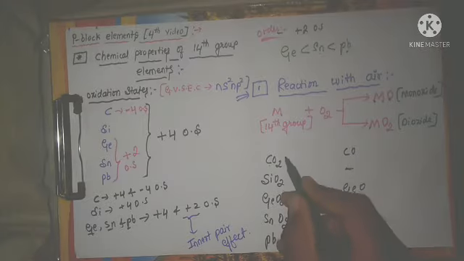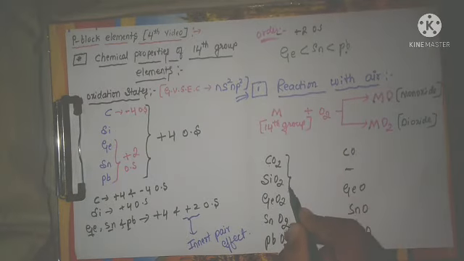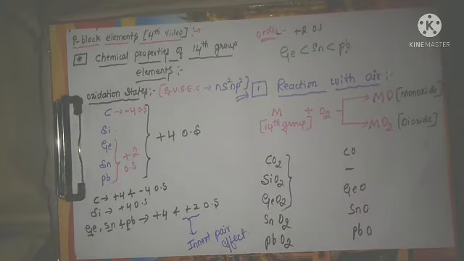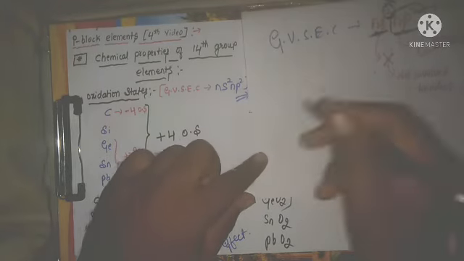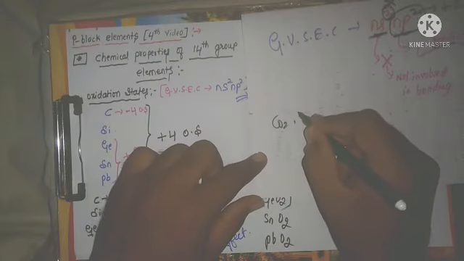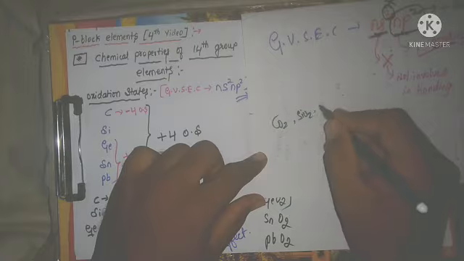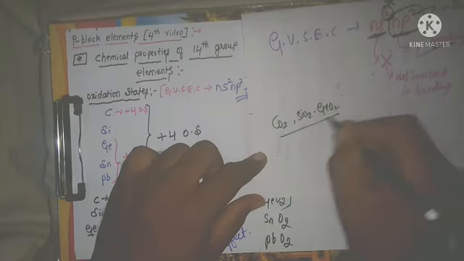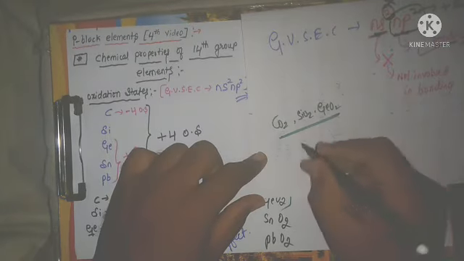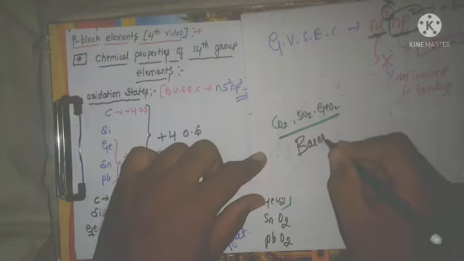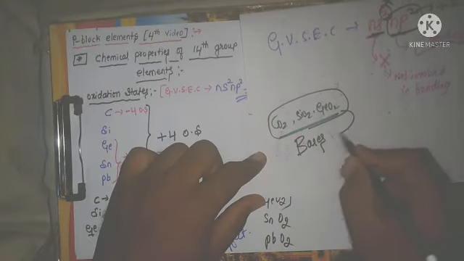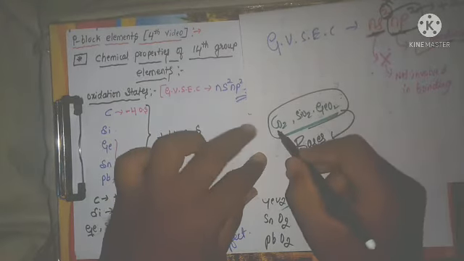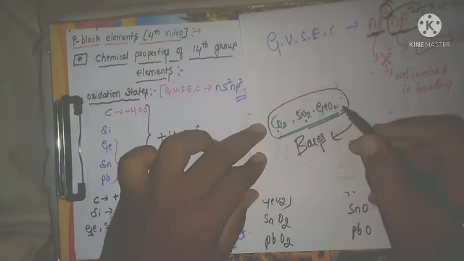Here these three, carbon dioxide, silicon dioxide and germanium dioxide, can easily react with the bases. Means what is the nature of carbon dioxide, silicon dioxide, germanium dioxide?